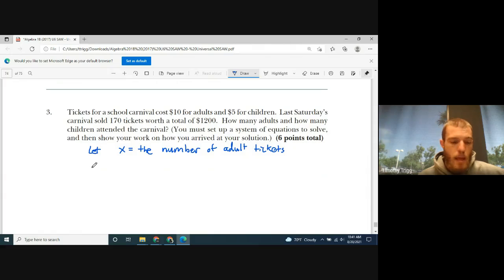Okay. And let y equal, what do you suppose y would be? It's the number of children's tickets. So the number of children's tickets.